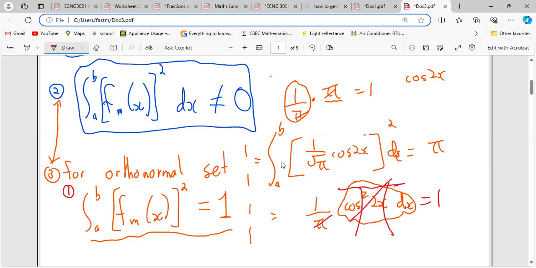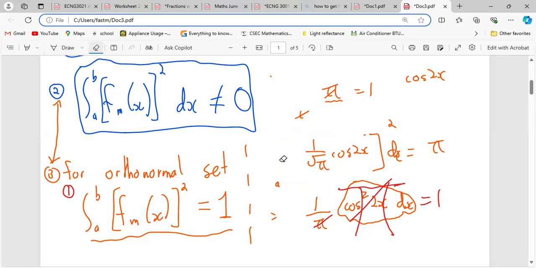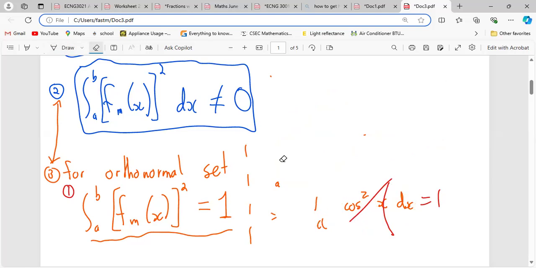Let's go through the thought process again. Remember you did the integration already in the blue part in part 2. So I'm going to break it down again.